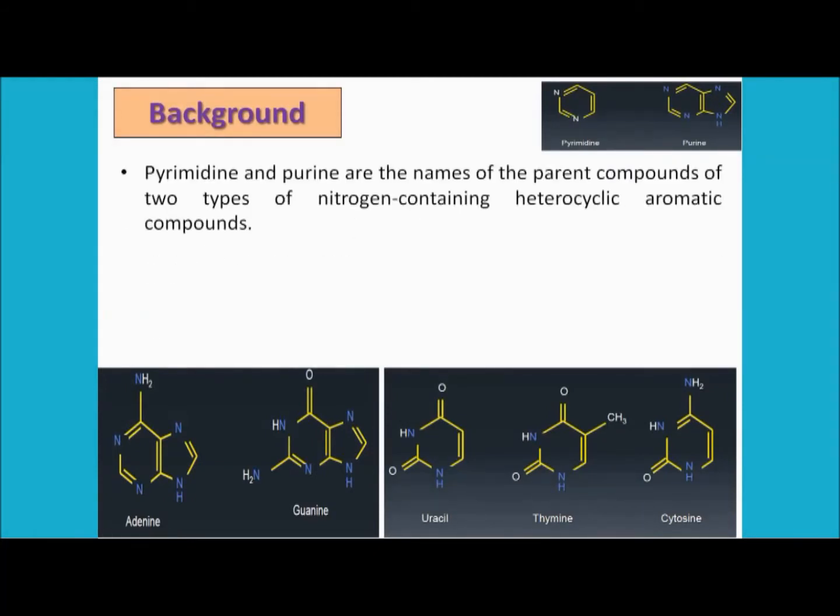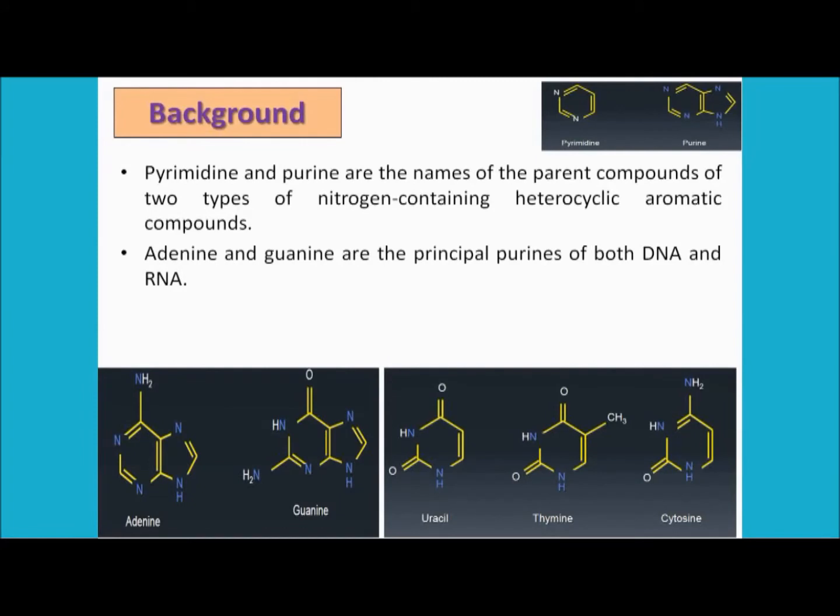Now we know that purine and pyrimidine are the names of the parent compounds of two types of nitrogen containing heterocyclic aromatic compounds, right? So purine is the parent name for adenine and guanine, whereas pyrimidine is the parent name for uracil, thymine, and cytosine, right?